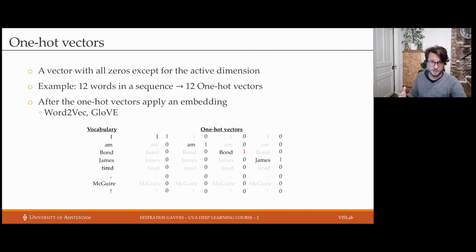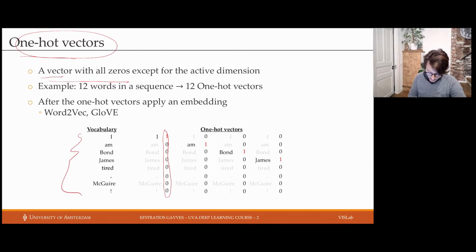So a word is a symbol, a letter is a symbol, and it's important to be aware that for this type of symbolic data, input representations are typically in the form of one-hot vectors. What is a one-hot vector? It's a vector which has zeros in all its entries, except for the active dimension. So the number of dimensions of our one-hot vector will be the same as the number of dimensions in our vocabulary.